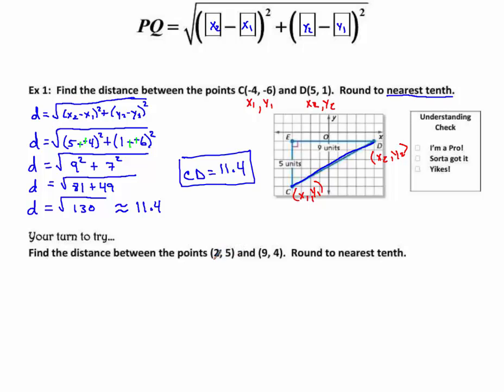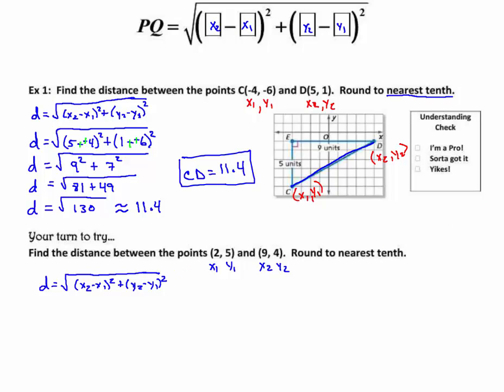I'm going to go ahead and work it out, but if you want to practice, the best thing to do would be pause it right now, work it out, and then see what happens. So this is x1 and y1, x2 and y2. So we start with our distance formula. Square root of x2 minus x1 squared plus y2 minus y1 squared.